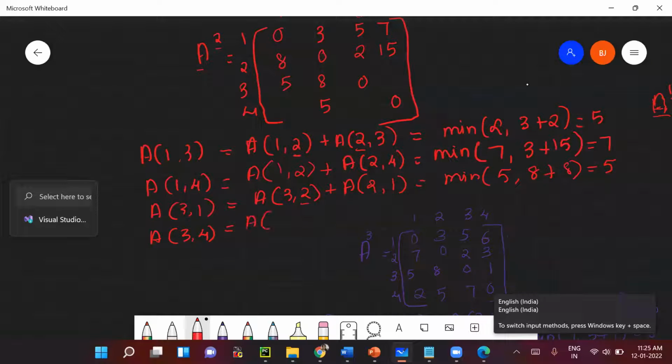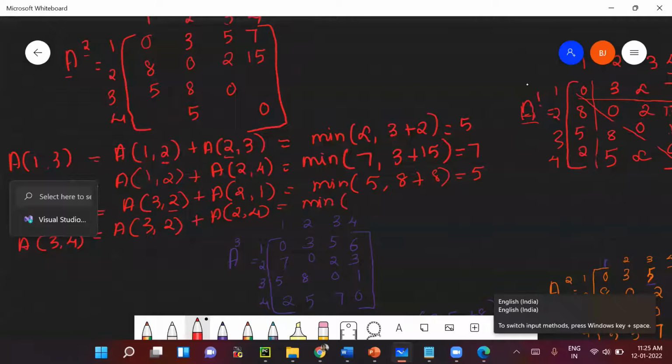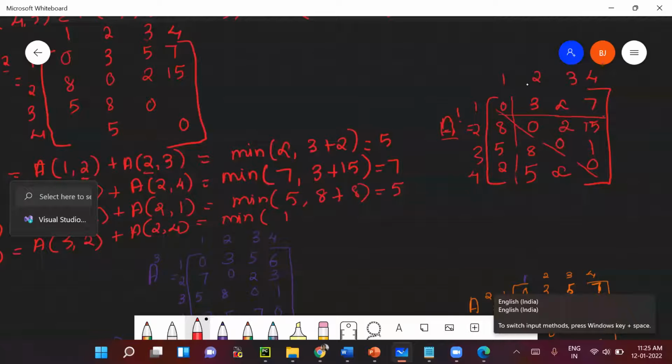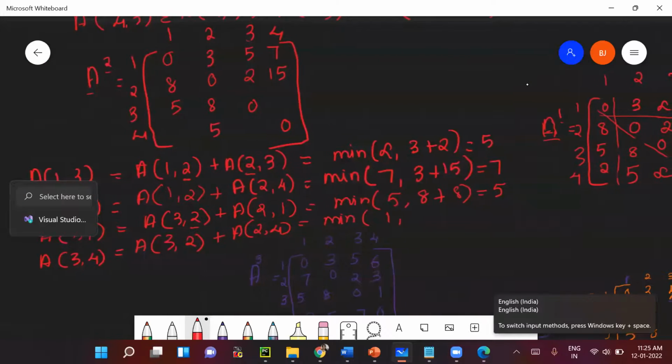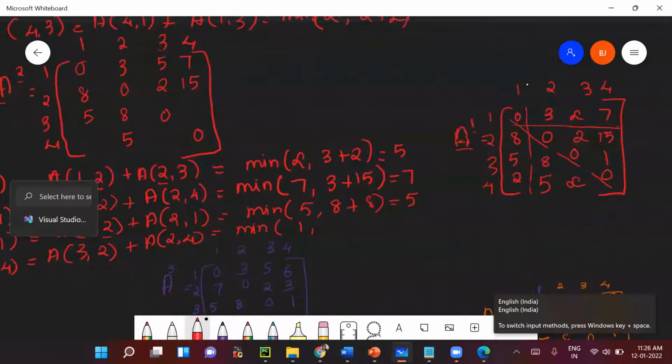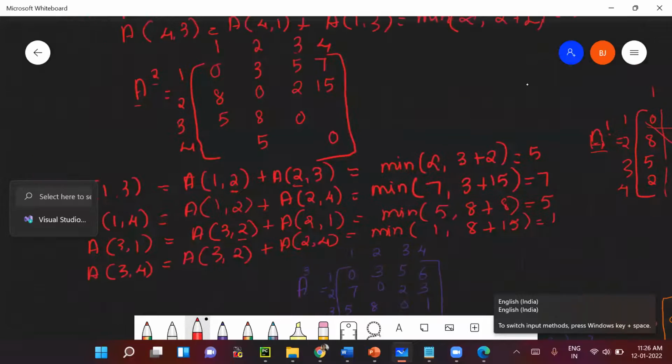So this is A of 3, 2 plus A of 2, 4, which is the minimum of what is 3, 4? 3, 4 will be 1, then 3, 2 will be 8 plus 2, 4. 2 to 4 is 15. Minimum is 1.